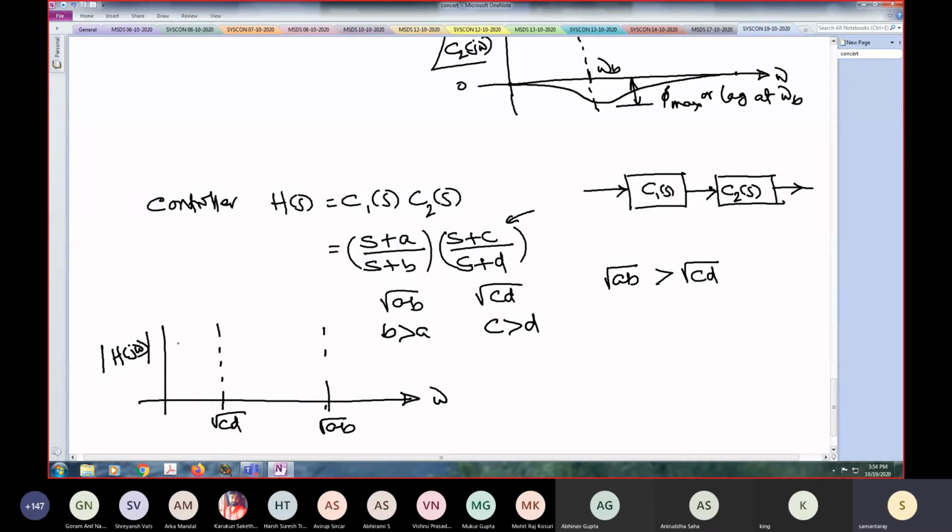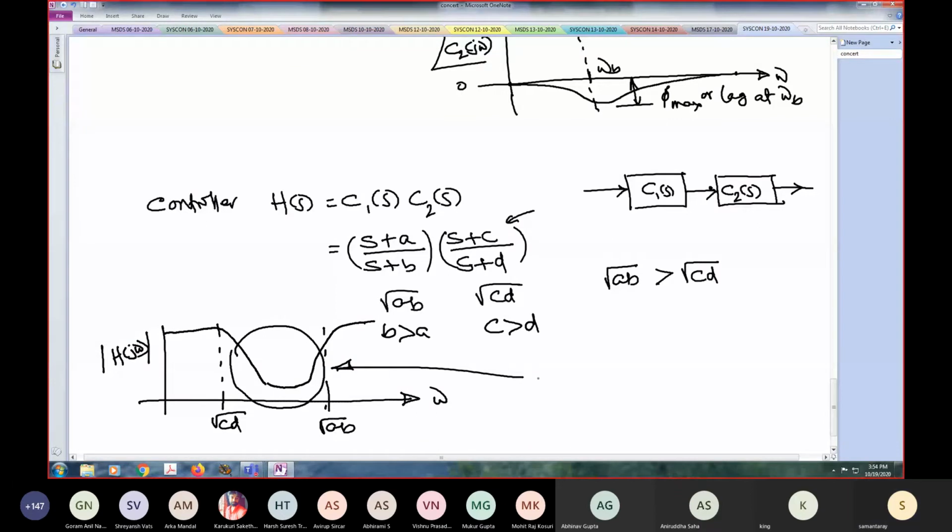So initially we will have a low pass filter, and up to this point the low pass filter works as usual. Then after the low pass filter takes effect and the gain reduces, this high pass filter will start working, giving amplification. So this will go like this, and like this.